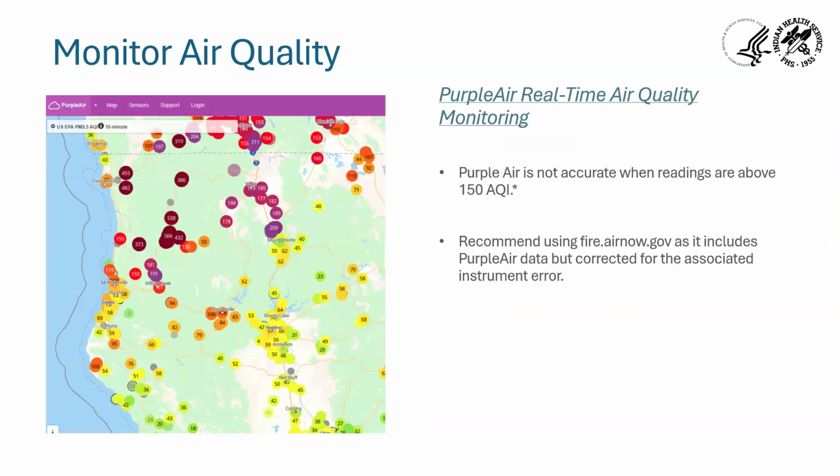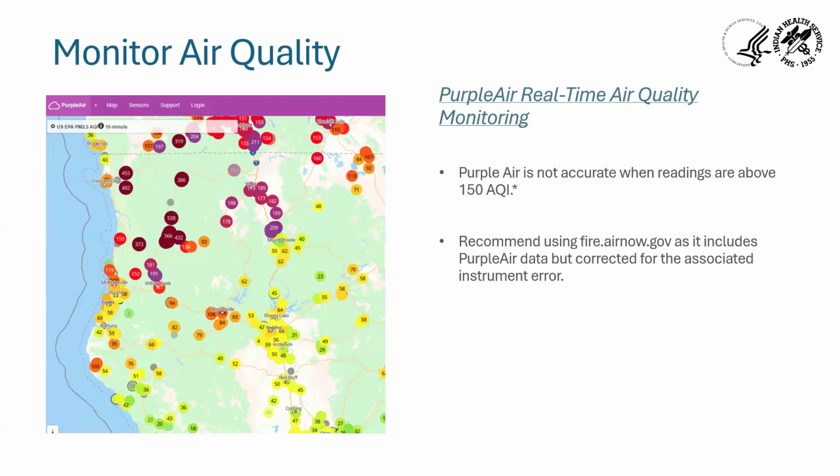Next, this one's more of a warning slide. I remember back in early COVID, PurpleAir monitoring was pretty popular. I just wanted to warn you: PurpleAir uses low cost sensors. Pretty much anyone could buy one and put one up at their home and it would record data to the site.